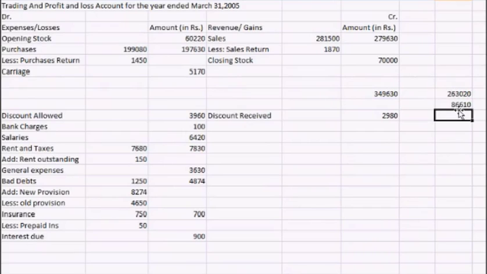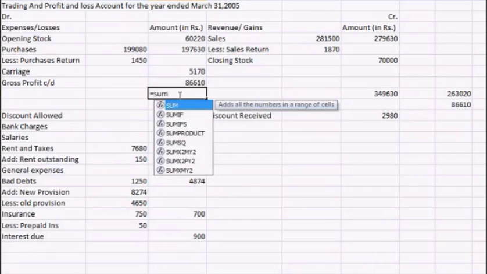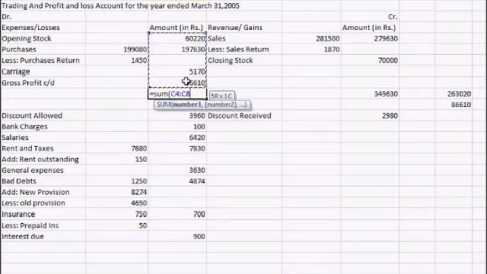The difference amount is our gross profit, so we write it gross profit, and this would be carried down. So the gross profit amount is 86610. Now summing both the sides would get you the same amount. So we have balanced our trading account.